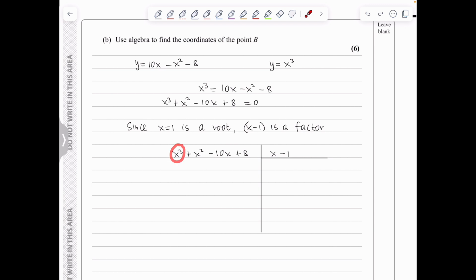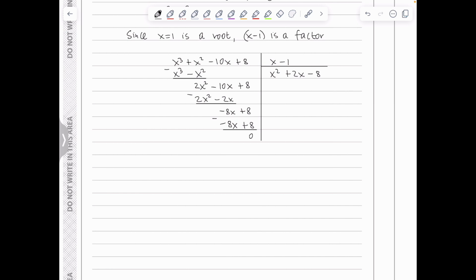So I will start by multiplying by x² to get x³ − x², and I deduct, leading to 2x² − 10x + 8, then it's +2x, leading to 2x² − 2x, again I deduct, and I get −8x + 8, so I need a −8 here, so −8x + 8, leaving a remainder of 0 as expected, and therefore we can proceed in saying that the cubic can be factorized into (x − 1)(x² + 2x − 8) = 0.